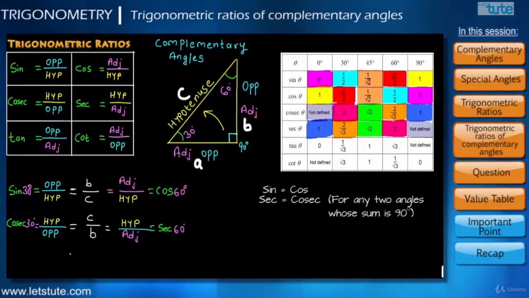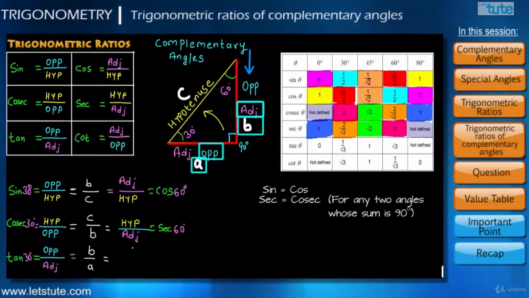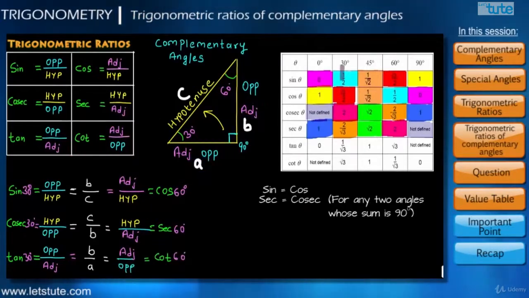So in the very same way, if I write for tan, which is the ratio of opposite side to adjacent side, and that is equal to the ratio B upon A. So since B is adjacent and A is opposite for 60 degrees angle, and adjacent to opposite always deals with cot, and therefore we get tan 30 is equal to cot 60.